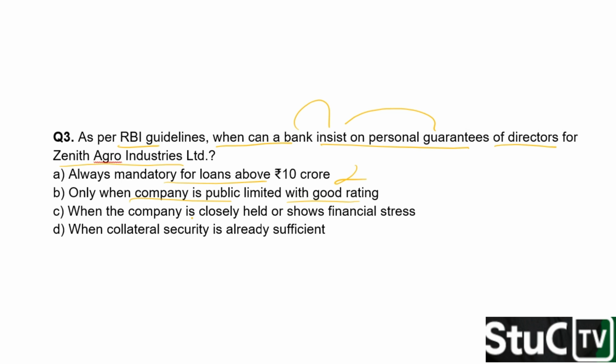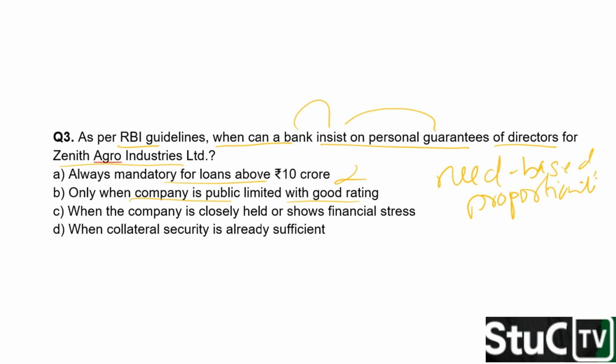That means the risk is reduced. Guarantees you normally insist on when you see a visible risk in the loan. RBI also mentions that if the company is public limited, with good rating and good management, then banks need not ask for guarantee. So the RBI guideline says it should always be need based, and proportionate to the risk.